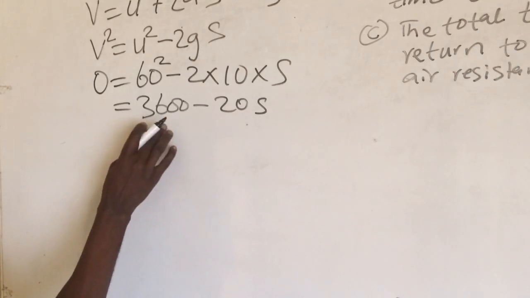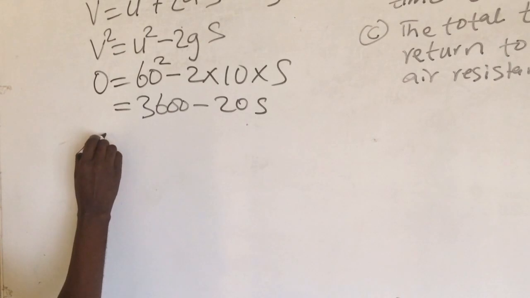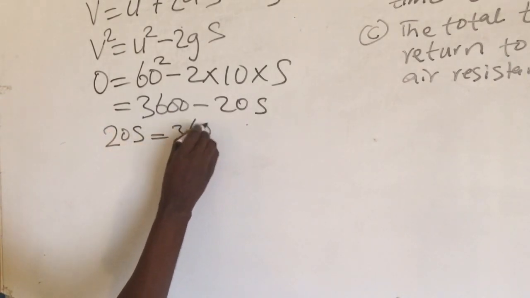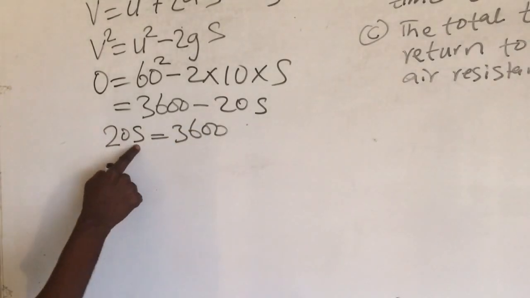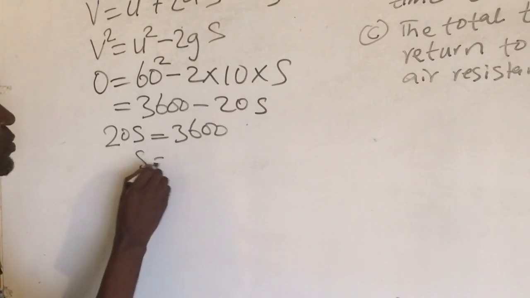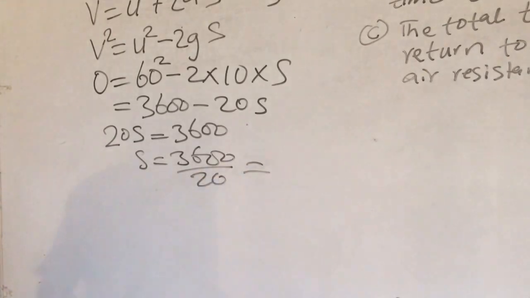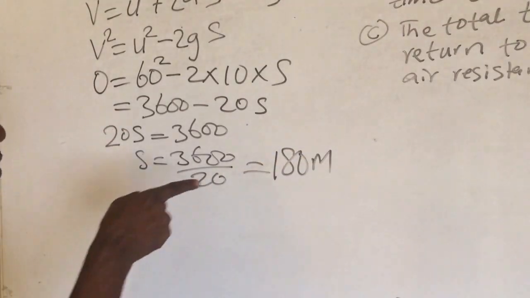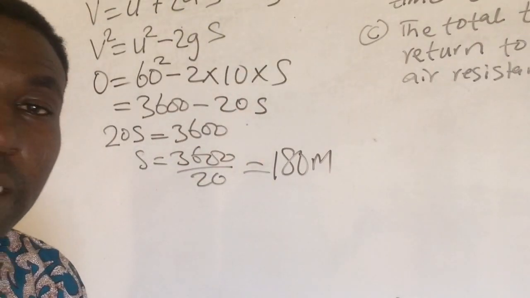Now we take this to this side. When it crosses the equality sign it becomes plus, so 20S equals 3,600. Making S the subject of the formula, S equals 3,600 divided by 20. When we divide with the calculator, we have 180 meters. So the maximum height is 180 meters.